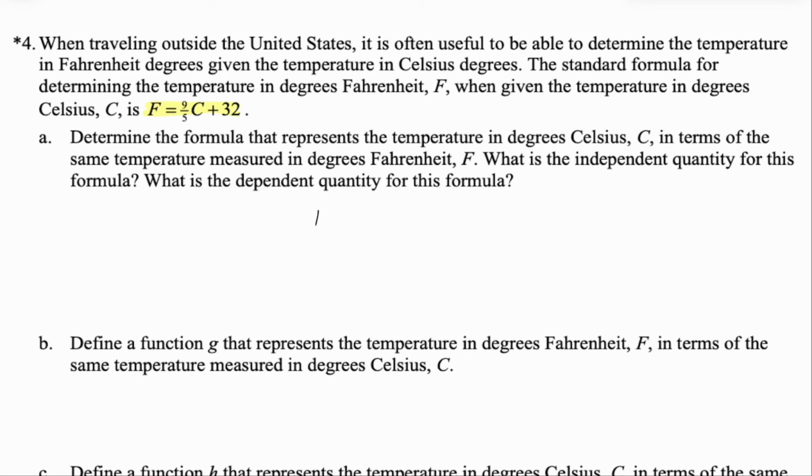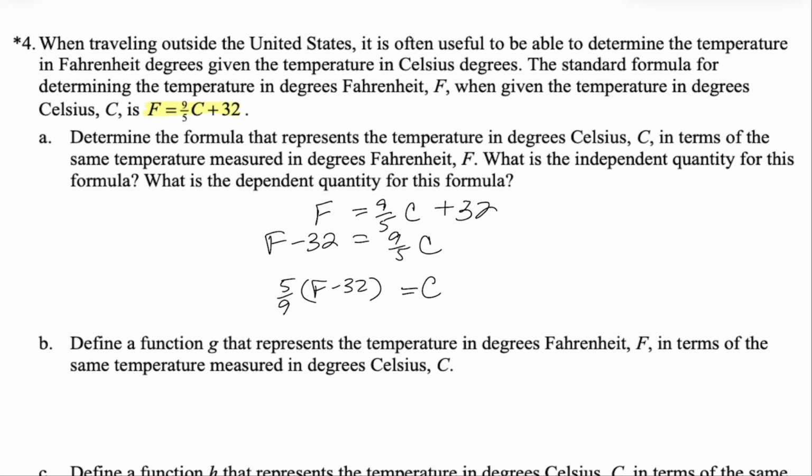So we need to take this formula, and instead of F equals some function of C, we want C to equal some function of F. So let's rearrange it. We're going to subtract 32 from both sides. And then to get rid of the 9/5 C multiplication, we're going to divide by 9/5, which is the same as multiplying both sides by the reciprocal 5/9.